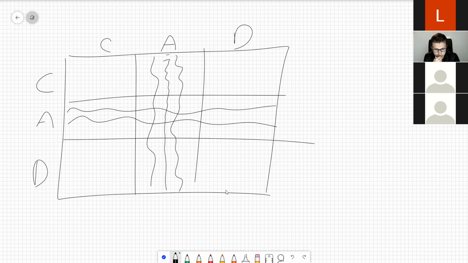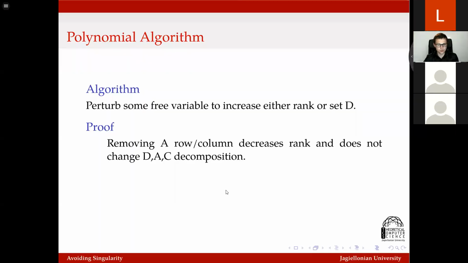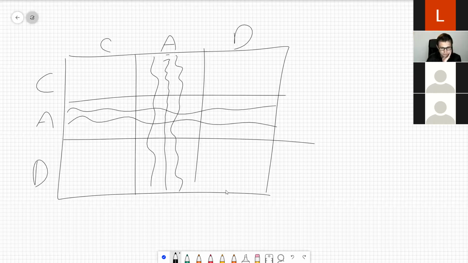So you are left with those D and C rows and columns. All right, so now let's find some place in this matrix that corresponds to a free variable. And let's see what happens when I perturb it. So, well, for this particular choice of x, this is the decomposition.